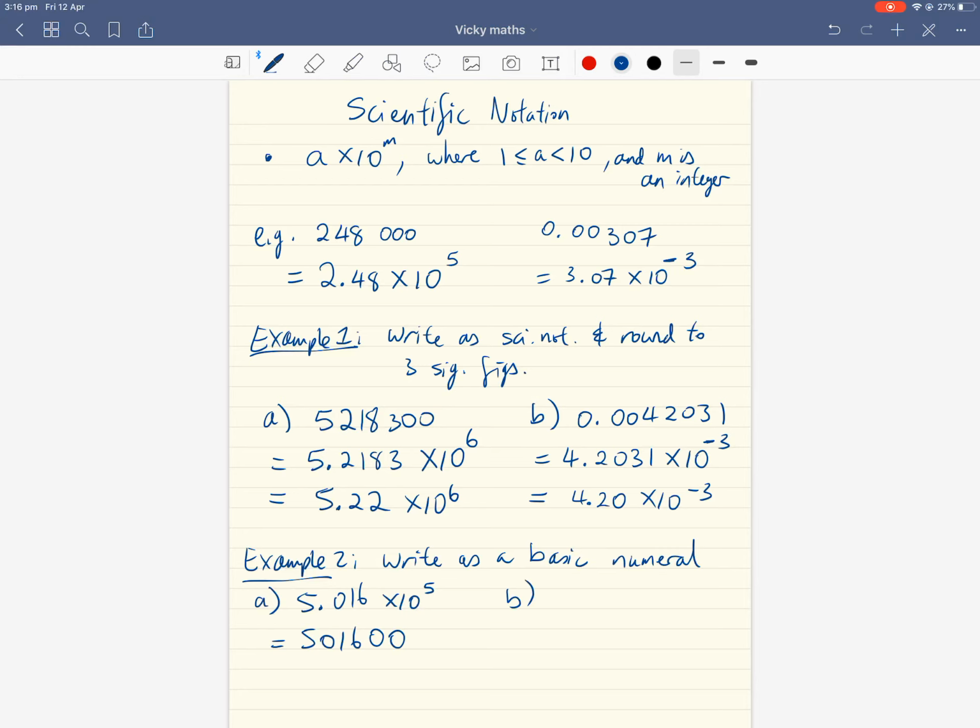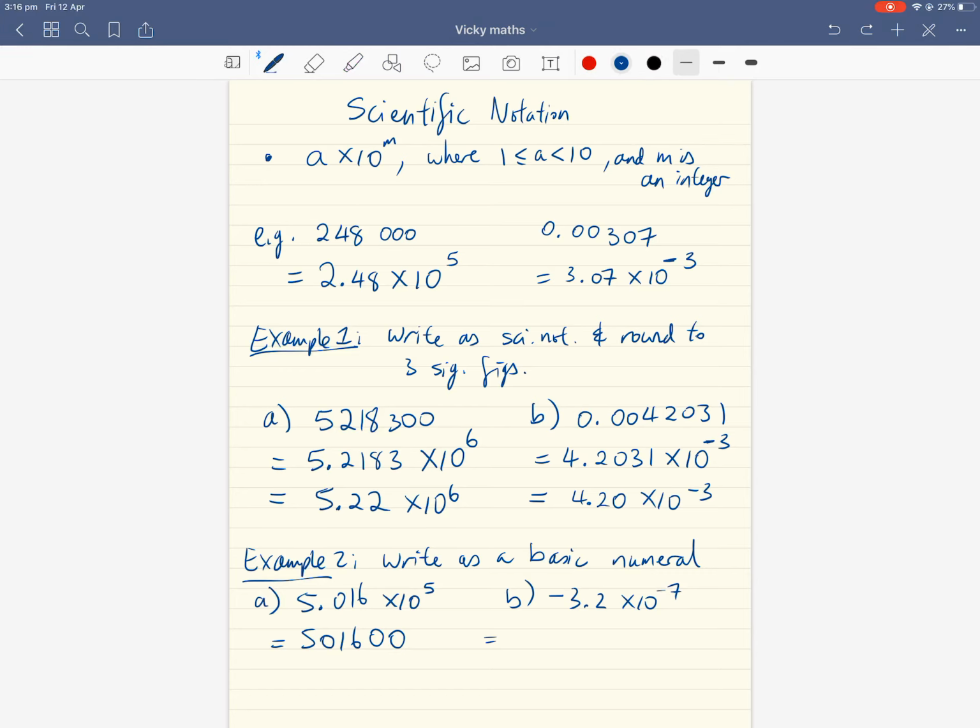And then B, negative 3.2 times 10 to the negative 7. The negative in front of 3.2 is just a positive or negative number, you can leave it as is. This 10 to the negative 7 means we're going to make it a smaller number. So we need to hop to the left-hand side, so it's going to be 0 point something.